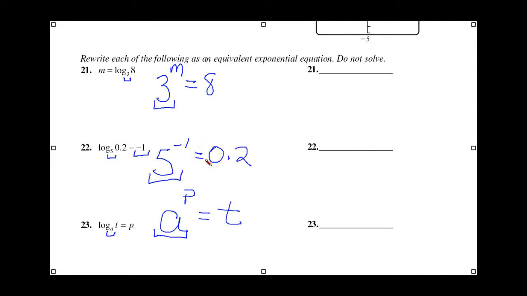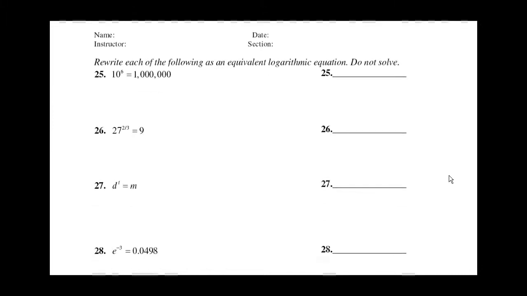Okay. And for this one, I didn't write it out, but our base is e. Our exponent is this. And that will equal 0.4. Okay, so again, not too bad. Hopefully you're developing a pattern. And let's work on these.